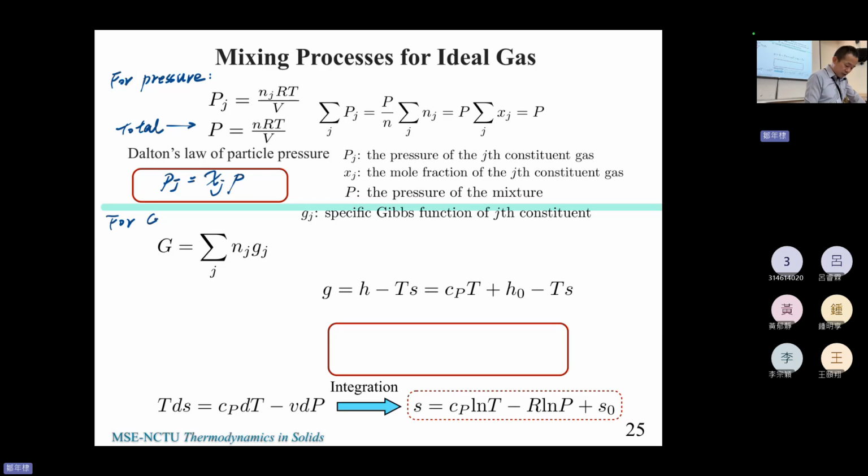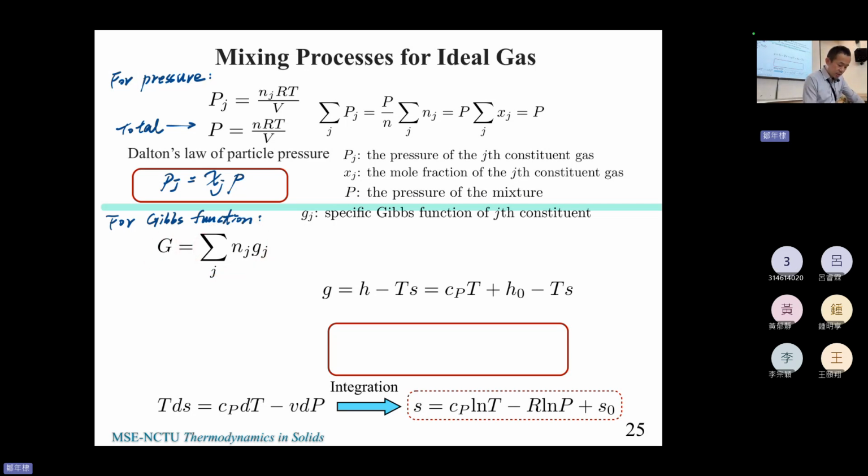For the Gibbs function, it has a similar composition. G equals the sum of nj gj. Each of them has its own available free energy, and you multiply and sum them up together, so it has a total value.